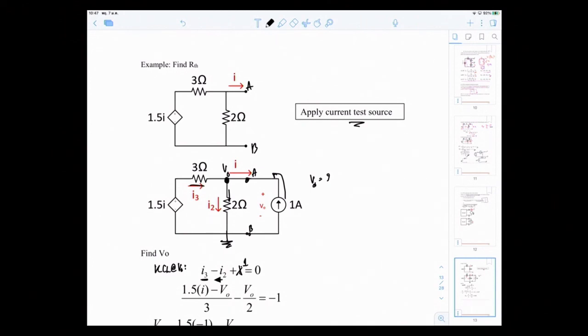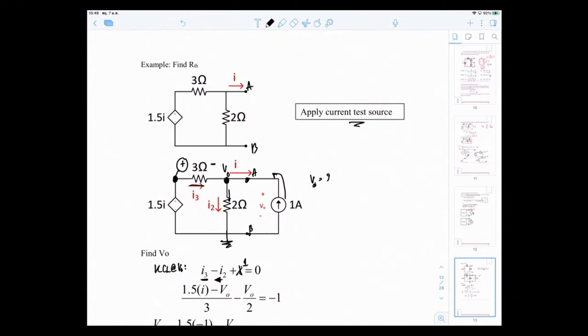Change it to node voltages. I3 is the current passing through the 3 ohm, so there must be a voltage drop across the 3 ohms, the difference between the potential at the positive terminal and the negative terminal.